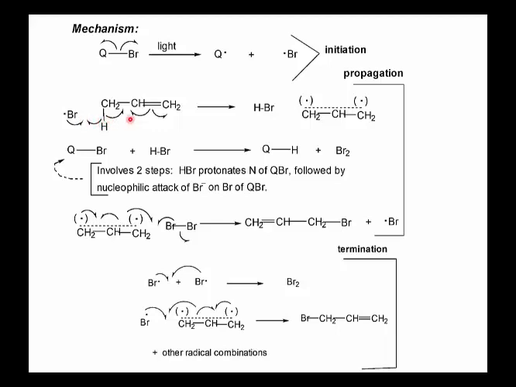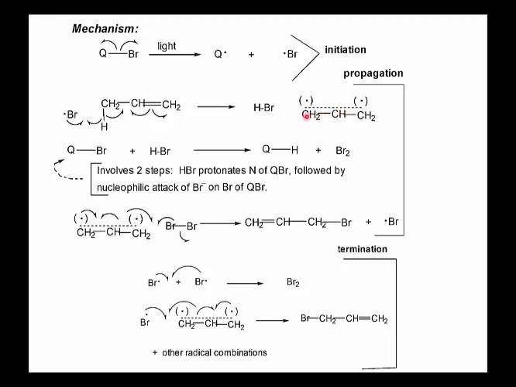If you follow the half-headed arrows here, this pulls away a hydrogen, and the odd electron moves over to form basically a carbon radical. Now, this carbon radical actually has resonance structures. I'm not showing the resonance structures, but I am showing a single dotted-line structure for that.